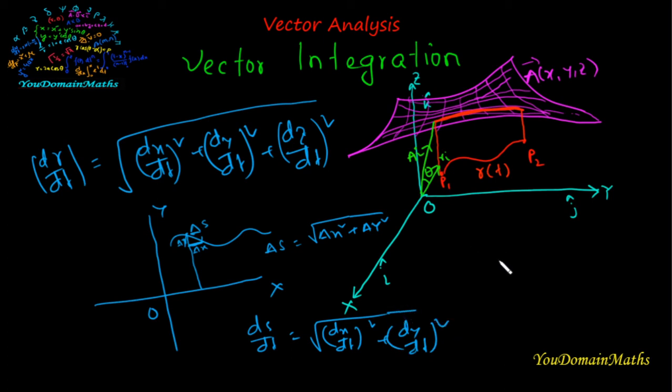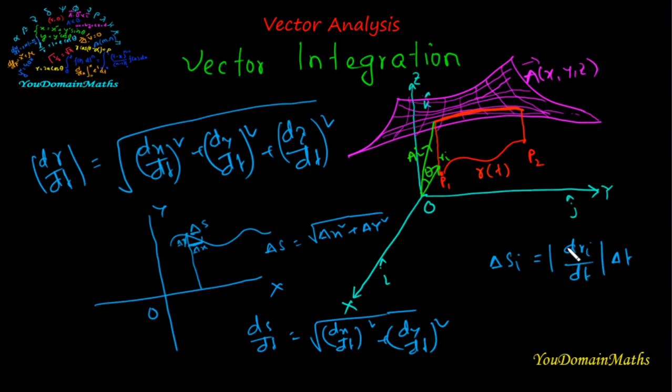So in the general case, delta s_i equals the magnitude of dr_i by dt times delta t. So it represents the width of the infinitesimal strip.